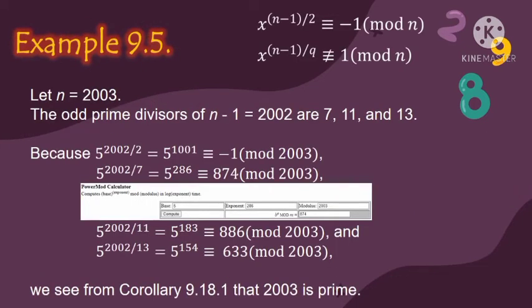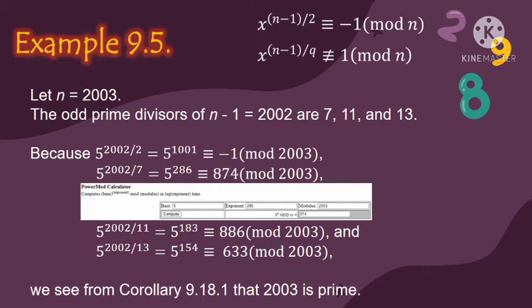Example 9.5. This is the example for the corollary I just presented to you a while ago. As you can see, I put the two modular equations on the upper right corner of this video for us to guide with this example. So let n be equal to 2003. So n minus 1 is equal to 2002.